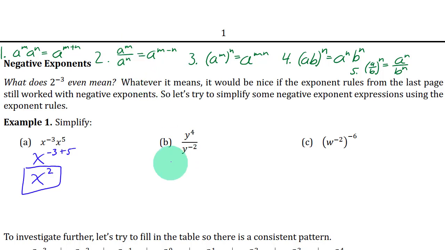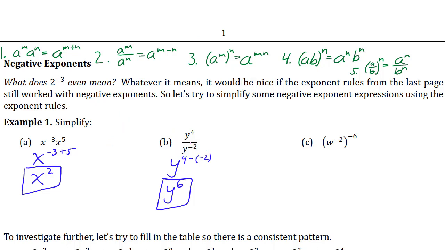So that would be y to the 4 minus negative 2. And 4 minus negative 2 is just 4 plus 2. So that's going to become just y to the power 6, if these exponent rules actually work with negative numbers.